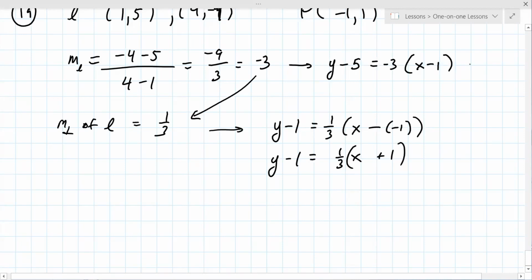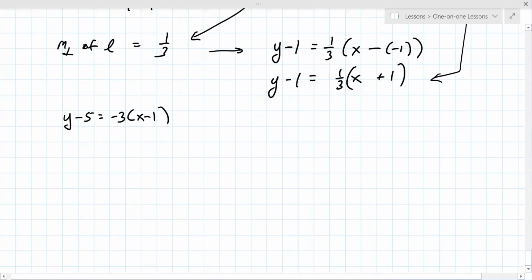Now we have to find the intersection of these two lines. And I suggested solving them for y. So we'll do that with the first one here, y minus 5 equals -3x plus 3. We're going to add 5 to both sides, so that ends up being +8.